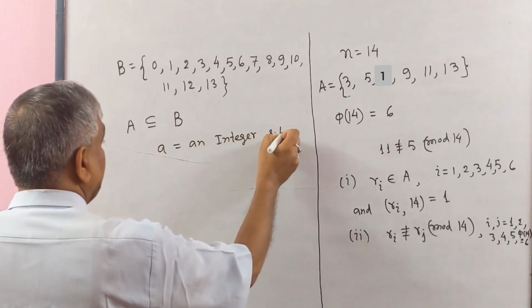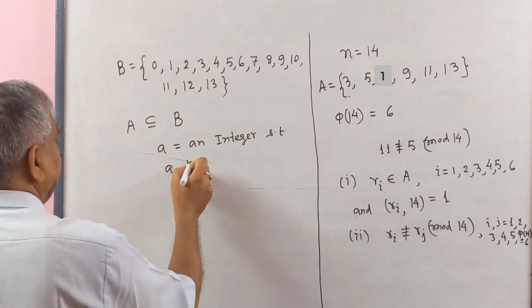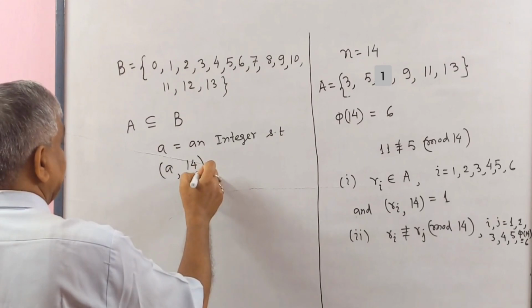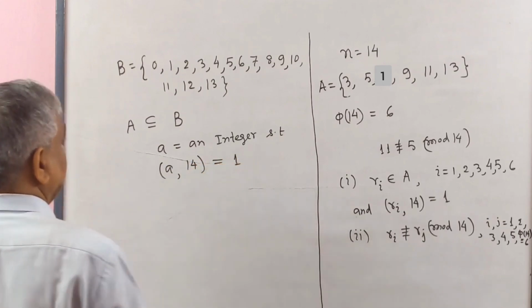Now let small a be an integer such that a is relatively prime to 14, that is GCD of a and 14 equal to 1.